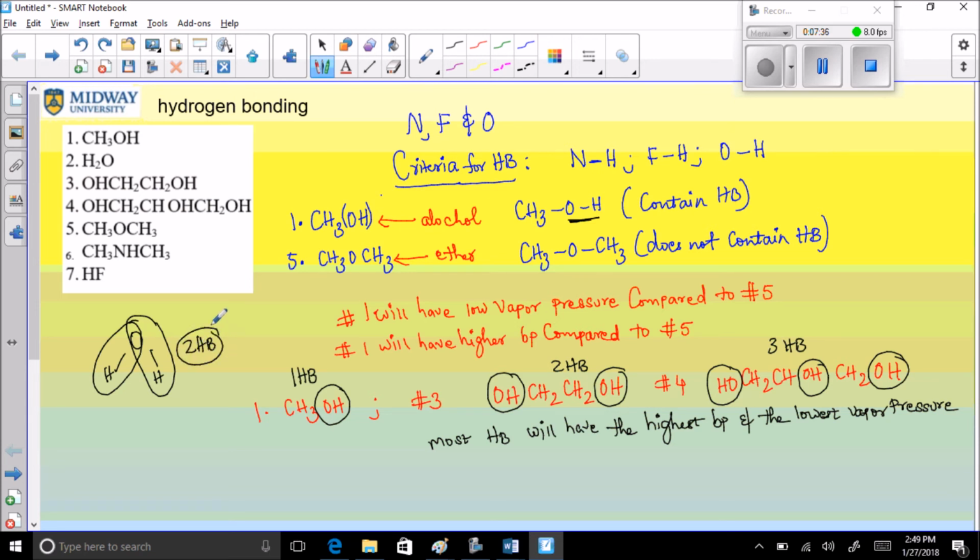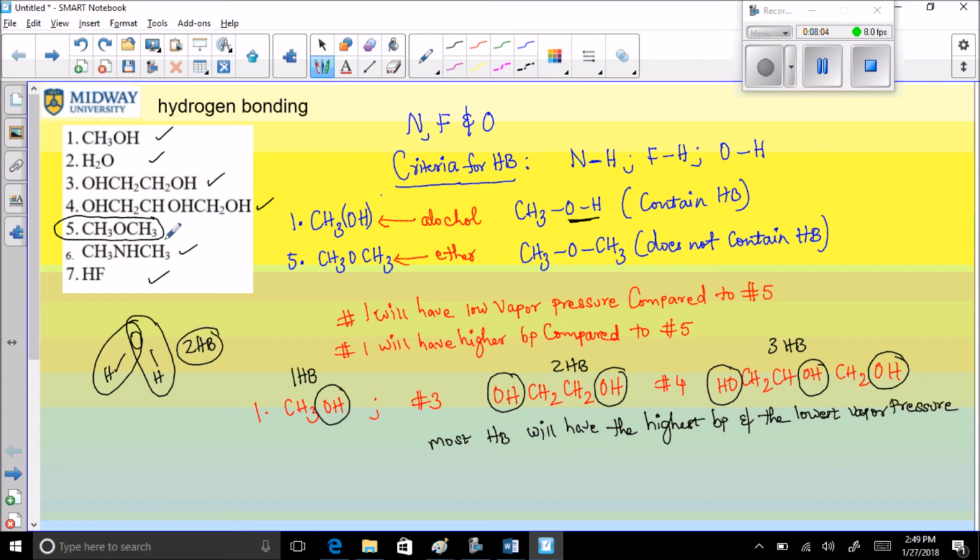The only molecule on this list that does not have hydrogen bonding is this. Which ones do have hydrogen bonding? They all do, because in all the cases, the hydrogen is directly attached to a nitrogen, fluorine, or oxygen.